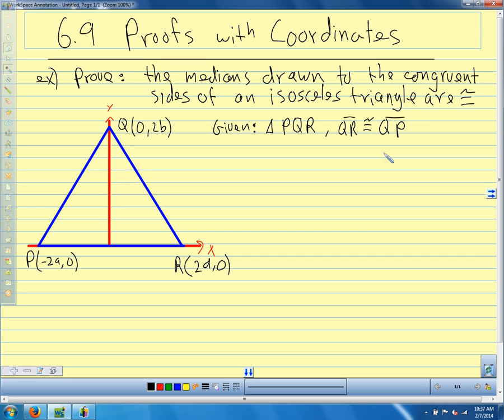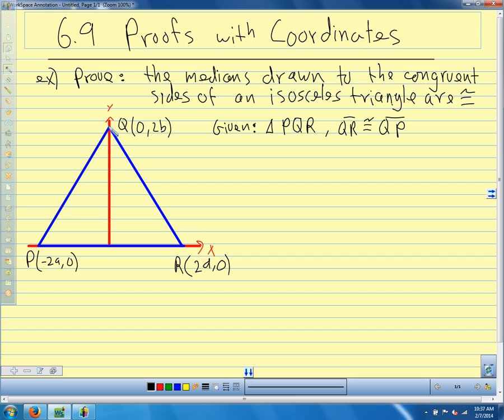All right, so the question asks us about the median. It says something about the medians. We need to remember what a median is. So how do we find the median? What's a median of a triangle? Remember? Down the middle, so it goes from a vertex to a side, and where on the other side? The middle. So it goes to the middle of the opposite side.